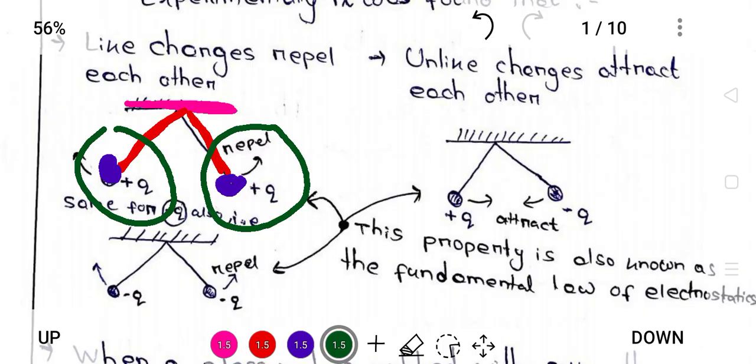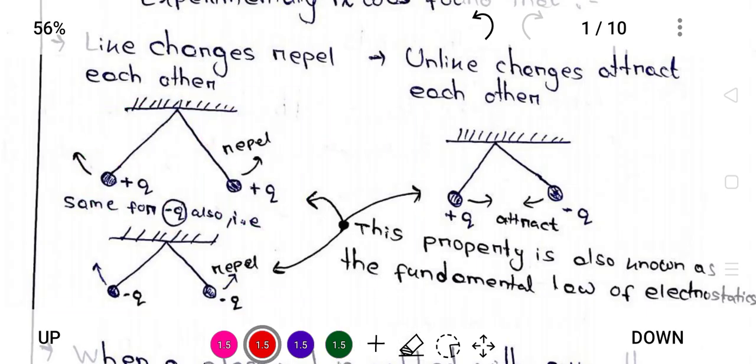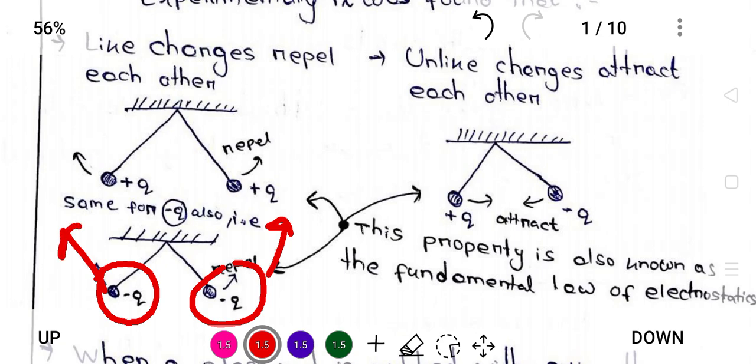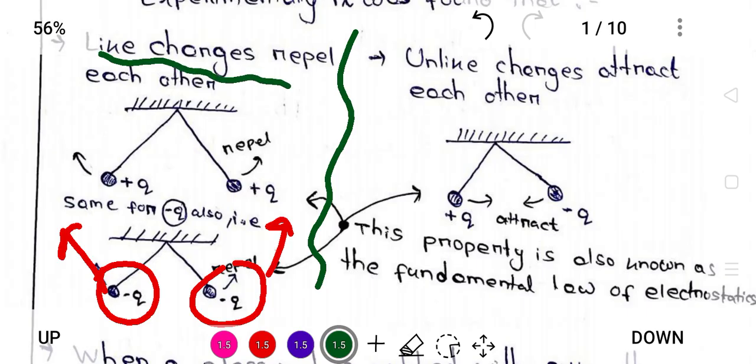What was observed is that when there are two like charges, they repel each other, meaning these two bobs will move away from the middle line, or move away from each other. A similar thing was also observed when these metal bobs were negatively charged. In this case also they move away from each other. Hence, from this experiment we concluded that like charges repel each other.